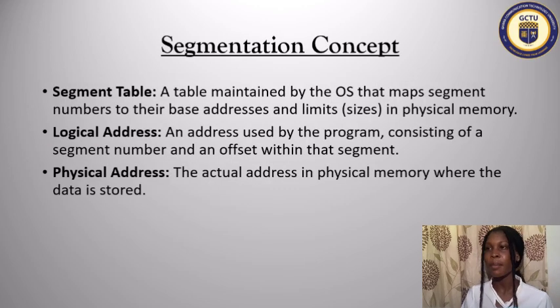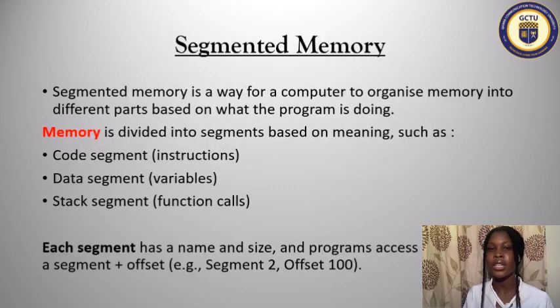What is it? Segmented memory is a way that the computer organizes memory into parts based on what the program is doing, meaning the memory is split into segments based on what it's going to be used for. So for example, code segments are for the instructions that the computer runs. Data segments are for storing information like numbers and words.